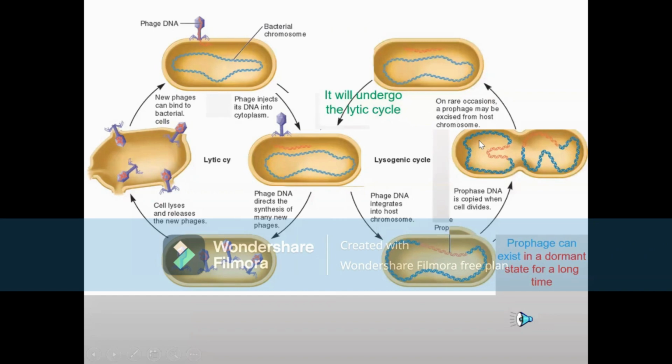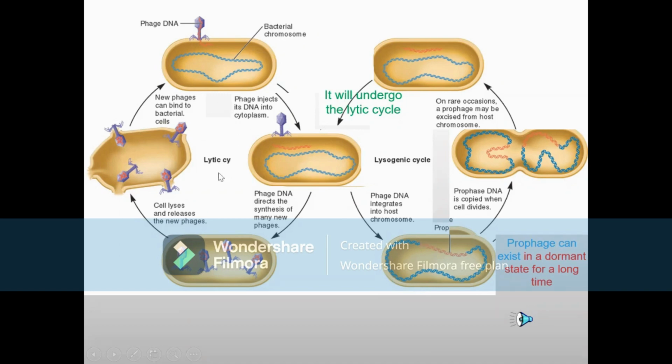Then the next is the lysogenic cycle, how this phage multiplies. The first step is the adsorption. Then the second step is the injection. And after injecting its DNA, the phage DNA integrates into the host genome.